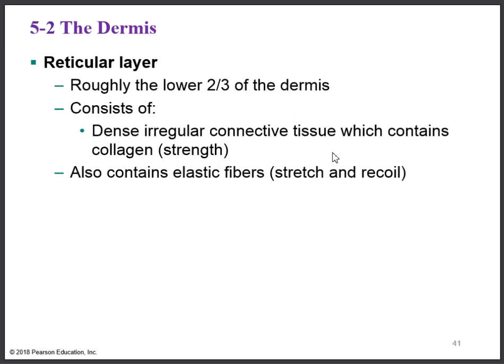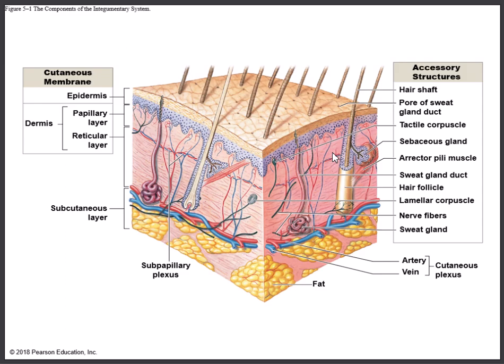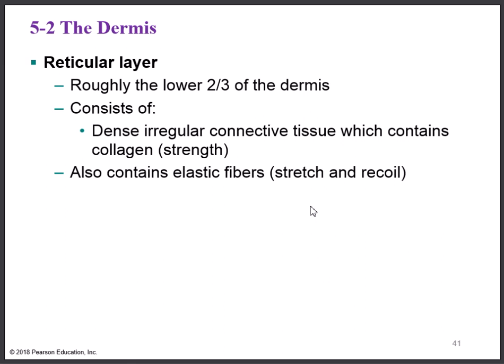The reticular layer now, that's going to be the lower 2/3. So right in here, kind of below this blood vessel line right here, is all going to be the reticular layer. This is primarily made up of dense, irregular connective tissue, which is predominantly collagen, and collagen is what's going to give that part of the dermis strength.